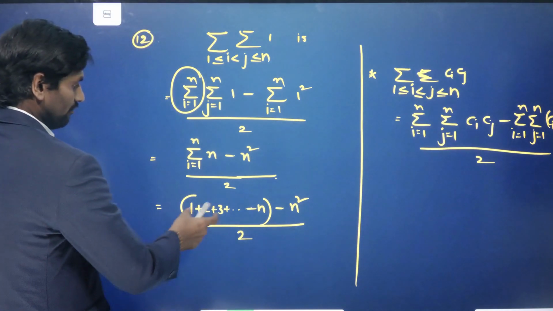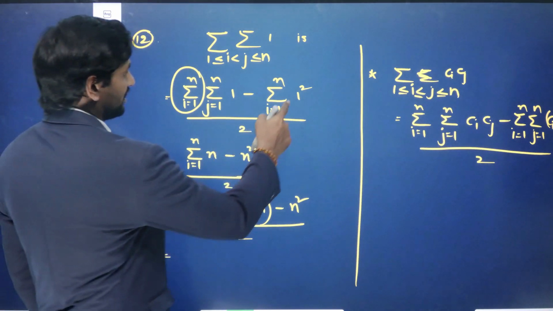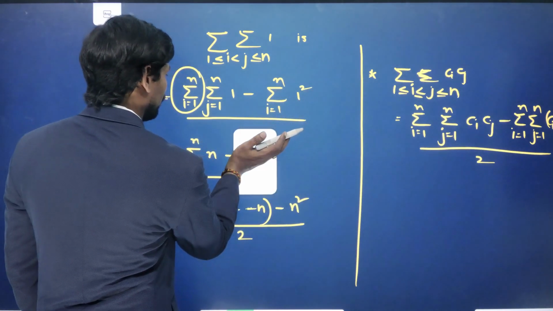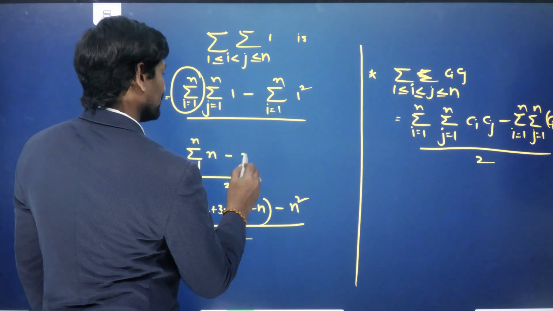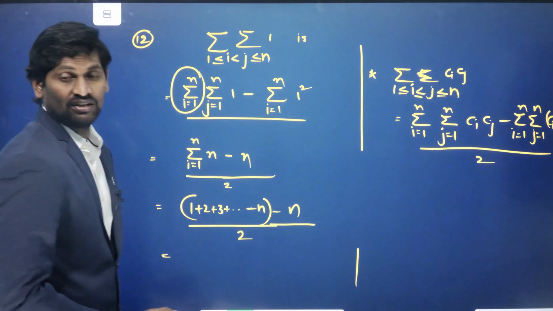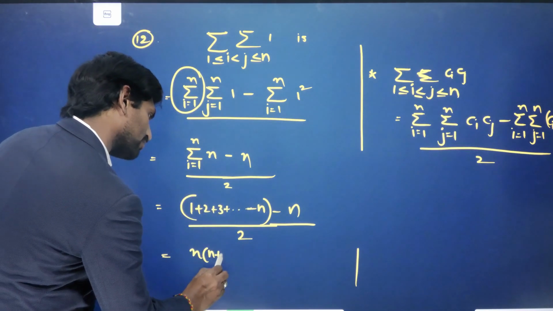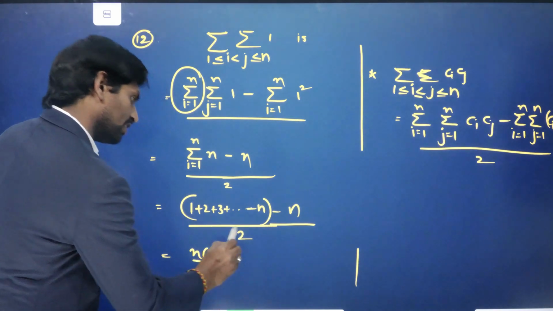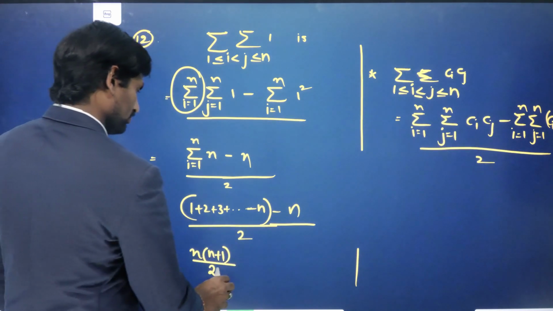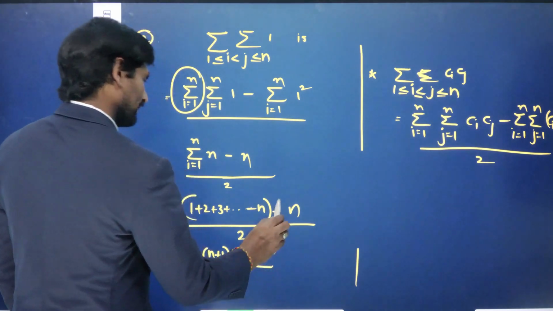Yeah. Now we know that 1 square is nothing but 1 itself. So we can write again the same thing, n, here. Okay na? Sum of first n natural numbers formula: n into (n plus 1) by 2. Here already we have 1 more 2, minus n.